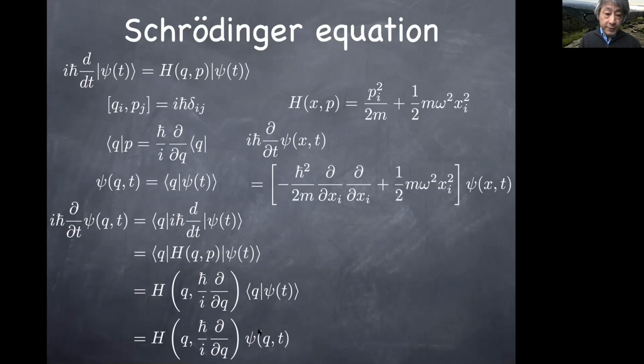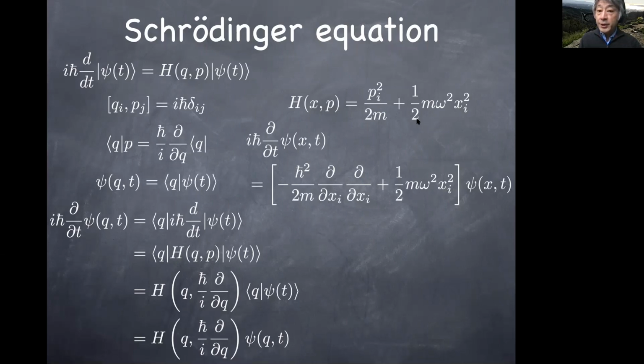And using this formulation down here, the time derivative of the wave function psi of x and t for the harmonic oscillator is given by this differential operator acting on this wave function psi of x and t. Because p acting in this coordinate representation is given by h bar over i times del x, you have 1 over 2m here, h bar over i twice gives h bar squared, then a minus sign, and you have two derivatives with respect to x.